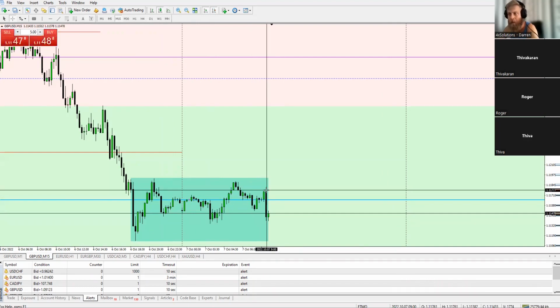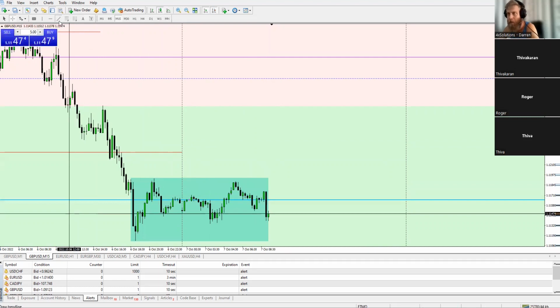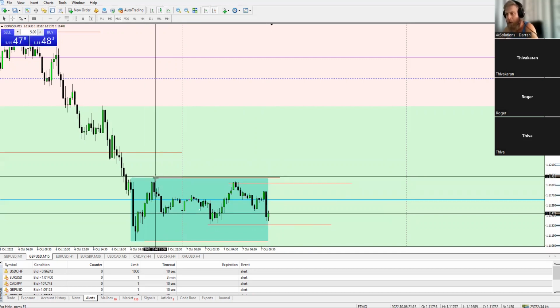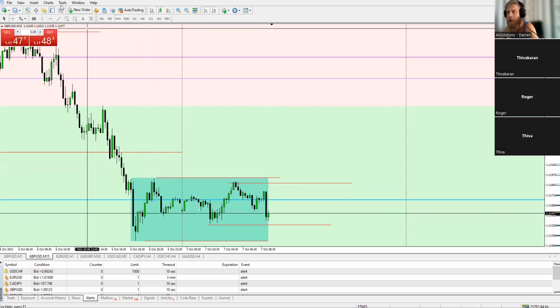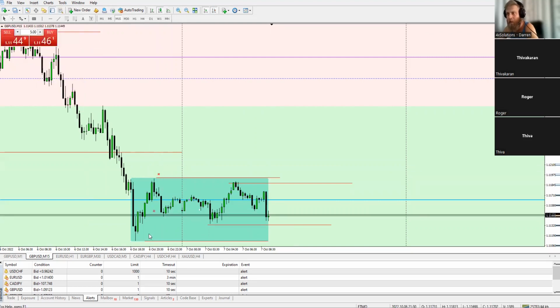And when it's consolidated, there's going to be some kind of break of this range, because there'd be liquidity resting up top over here, liquidity resting at the bottom over here, and in the middle there are smaller liquidity pools like over there and over here. But the bigger part of the range, which is this high and this low, has resting buy side and sell side liquidity. So this is a perfect example of what that could look like.